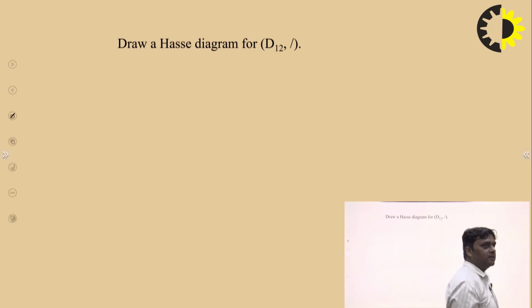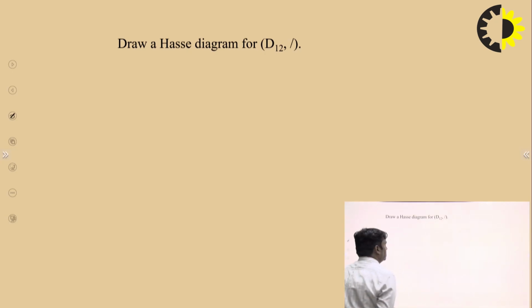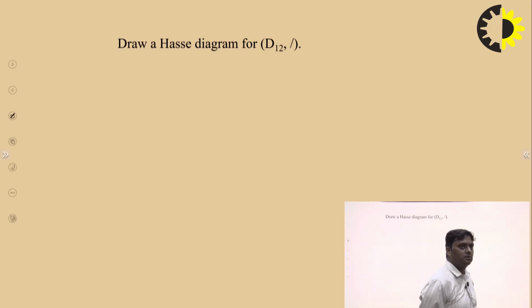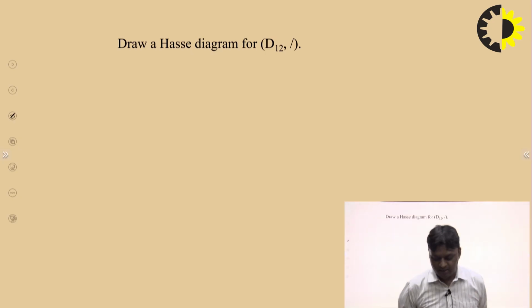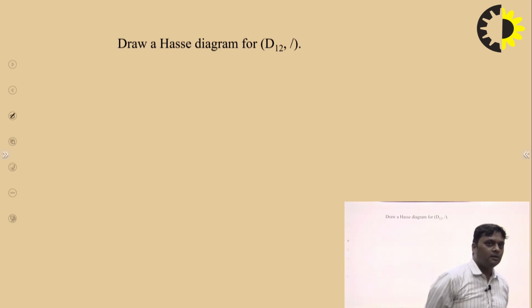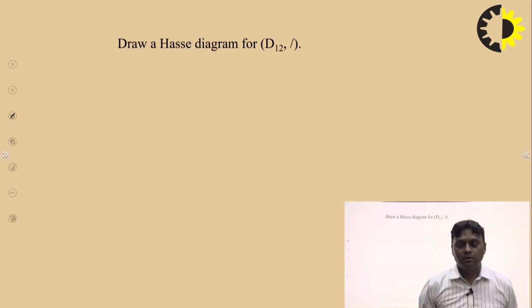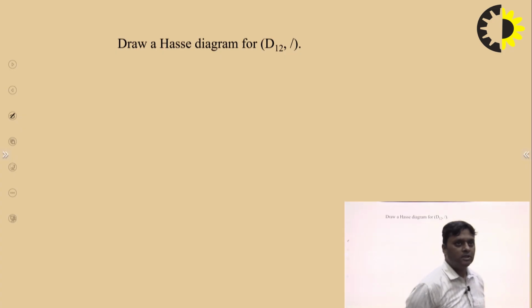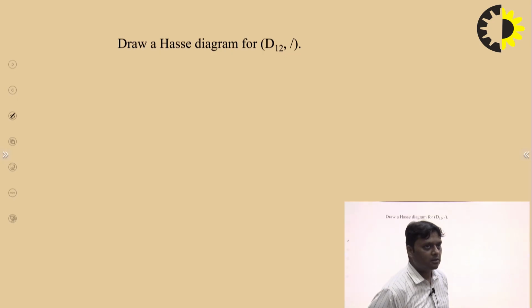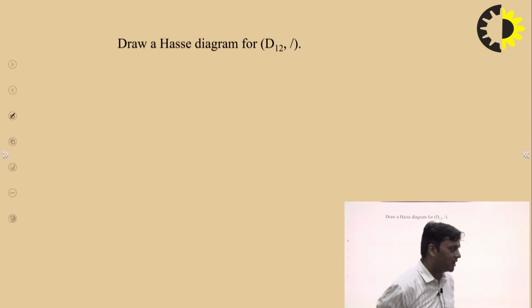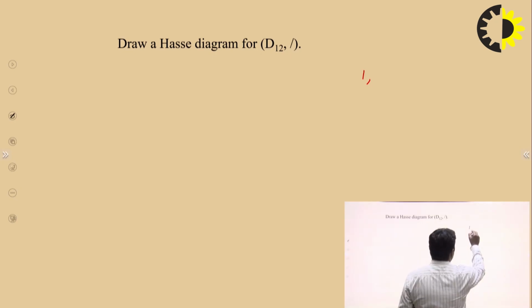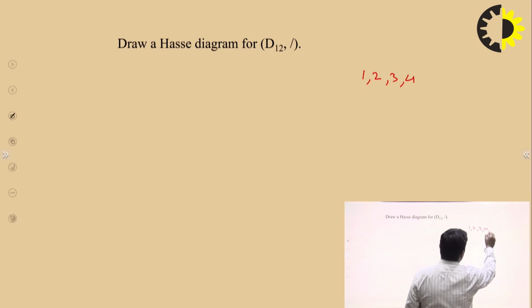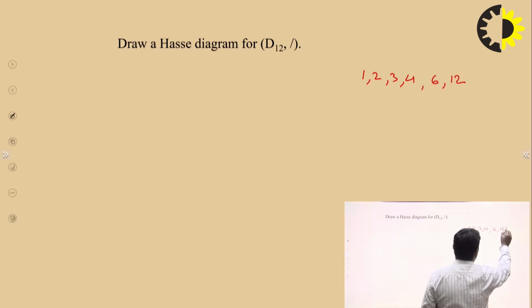We take an example: draw a Hasse diagram for D12. The operation applied here is divisibility. Then the divisors of 12 will be 1, 2, 3, 4, 6 and 12.